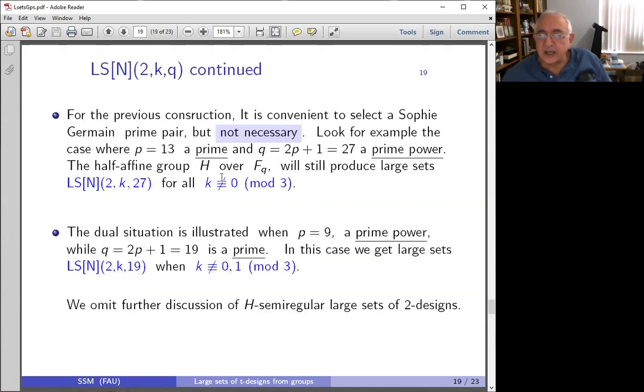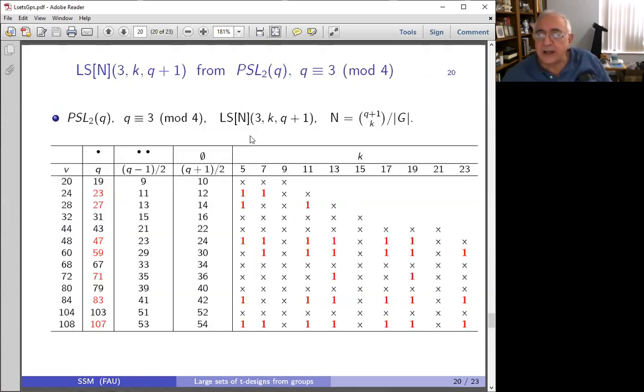Okay, so I will show you in a moment that if K is even, well, PSL(2,Q) has elements of order 2 and elements of order 3 in it.